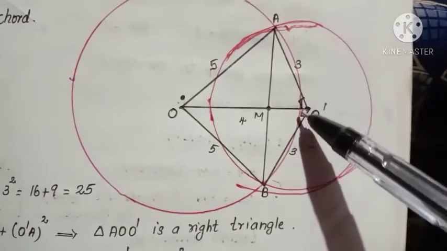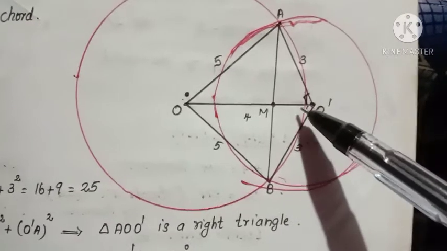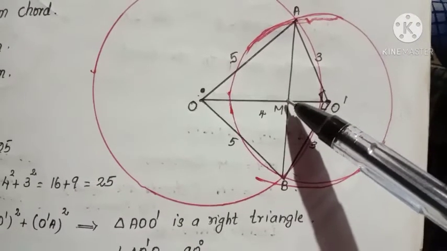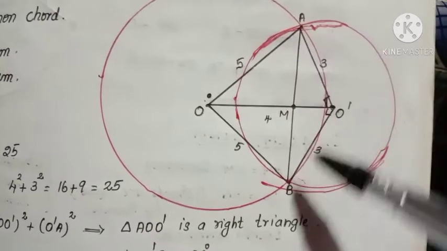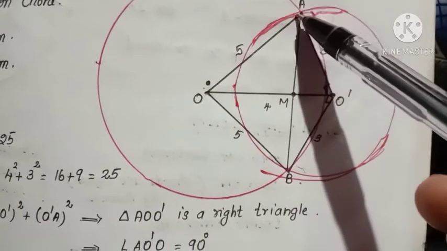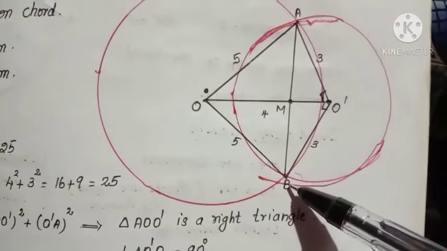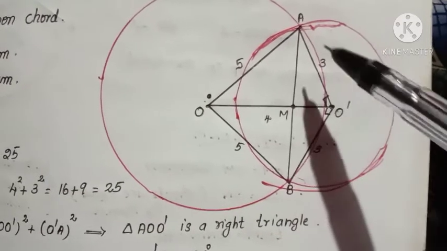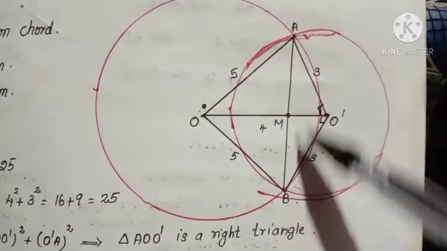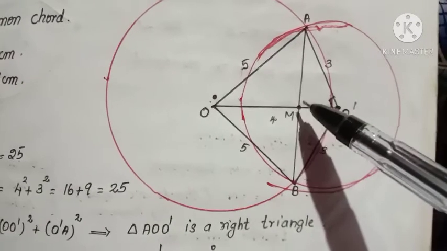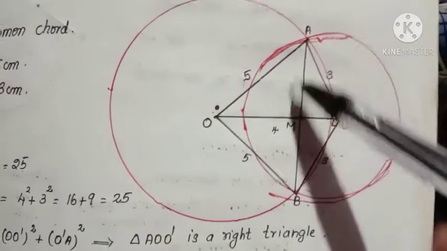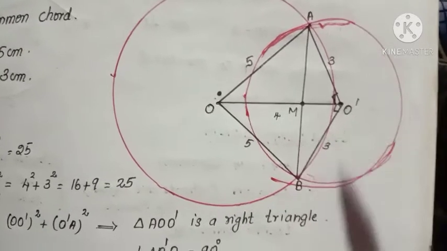This means O' coincides with M. That is, the line AO'B is the same as the line AMB. So this length AB is equal to 3 plus 3, which is 6. So the length of the common chord is 6.